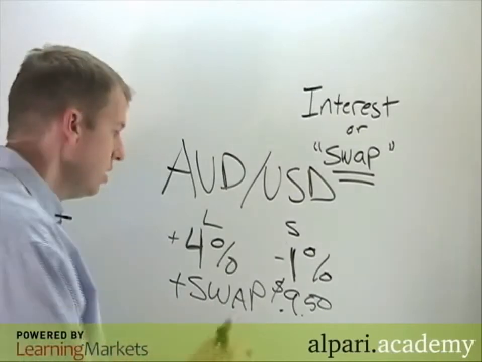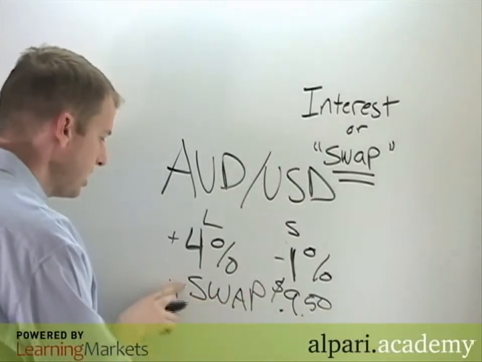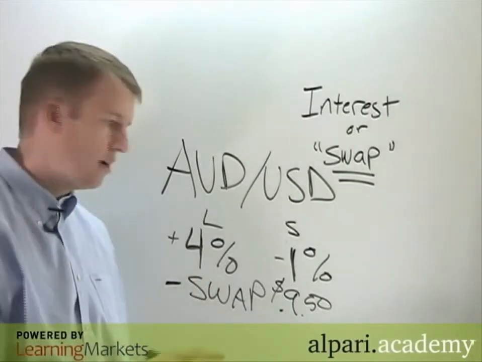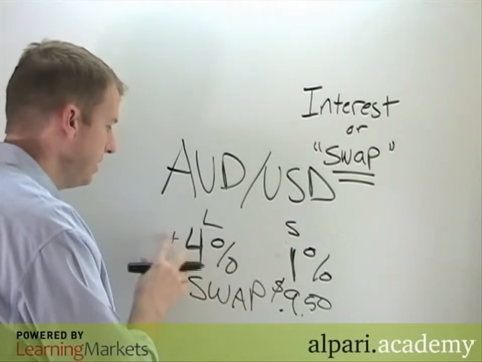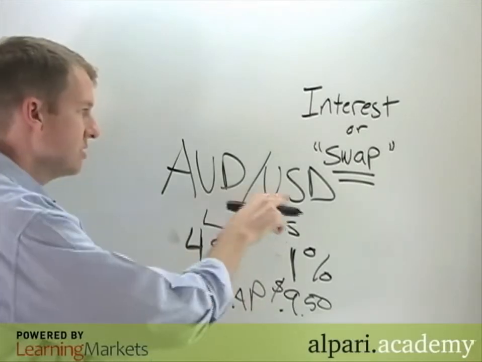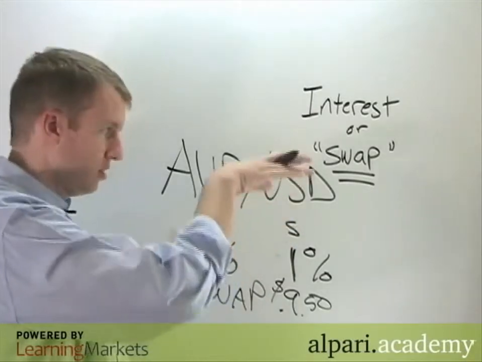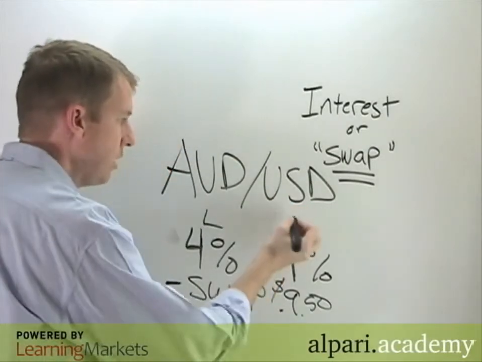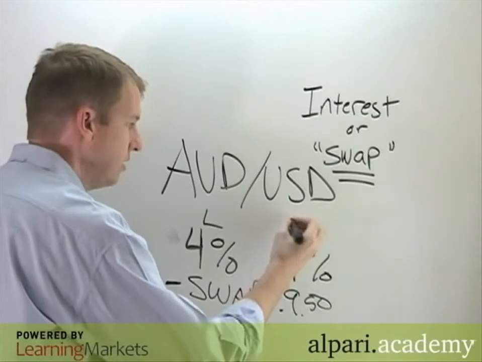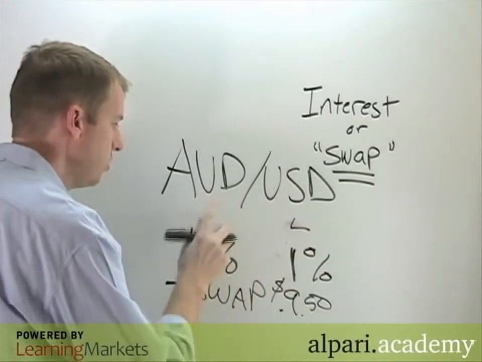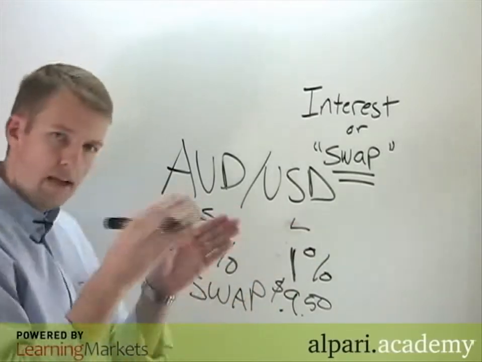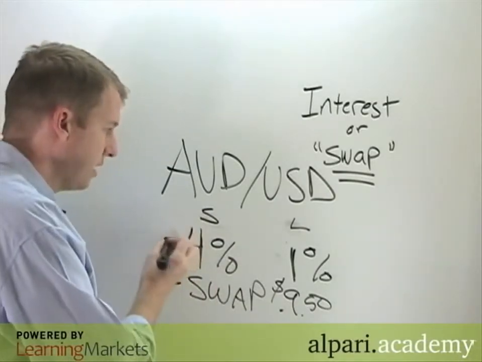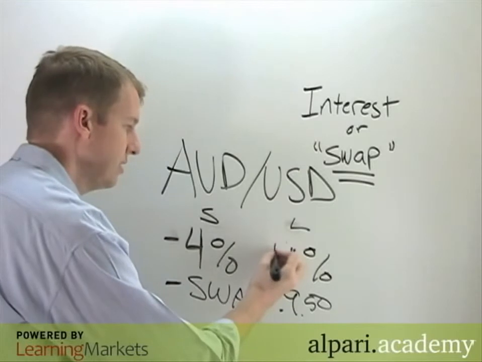What's going on there? Well, if you're short, then things change just a little bit, but they look very similar. If you're short this particular currency pair, then everything's shifted a little bit, hasn't it? Because now you're anticipating that the dollar is going to strengthen. You're looking for that currency rate to start to drop, which means that you're now long the dollar and short the Aussie, which means that you're now borrowing the Aussie and holding the dollar.